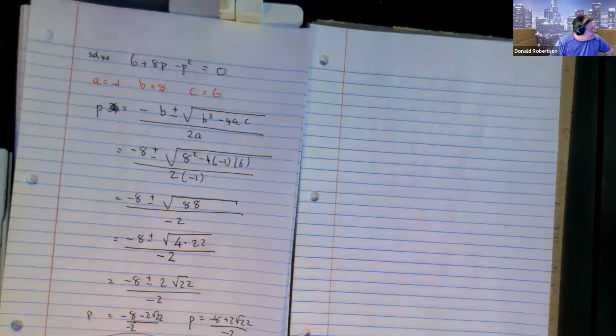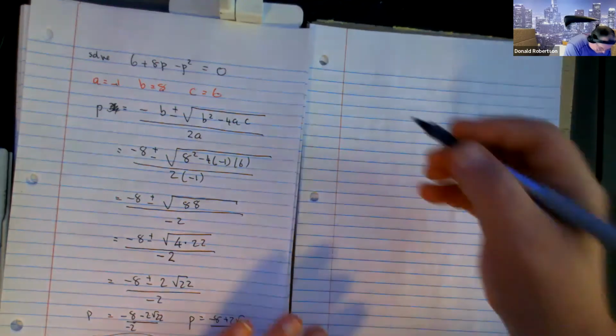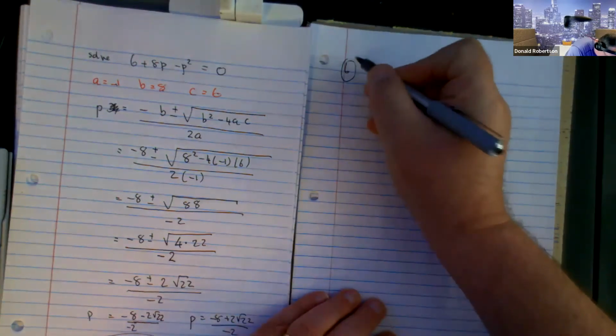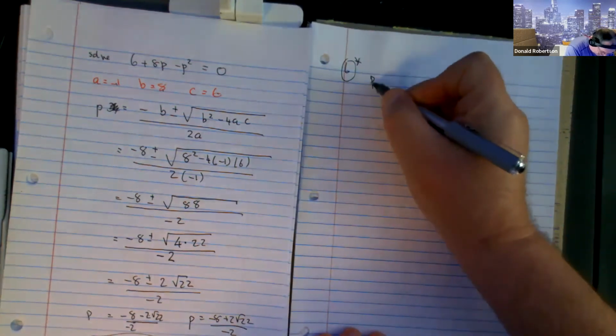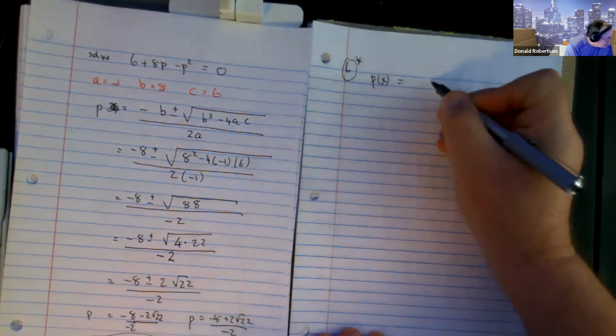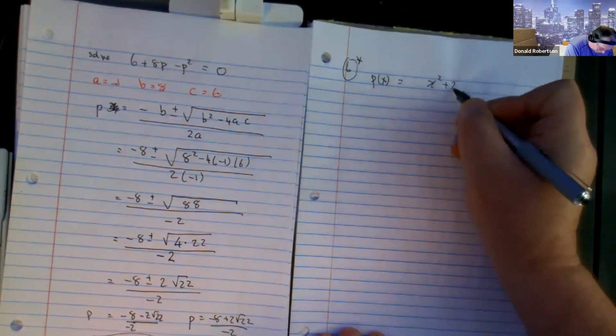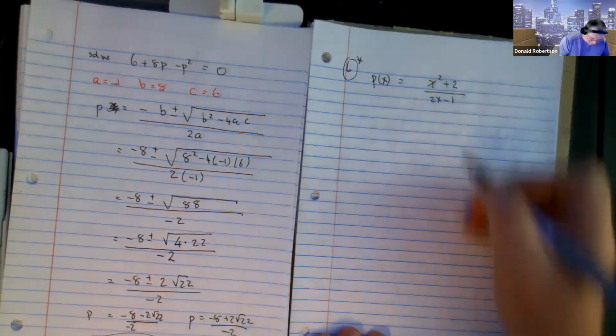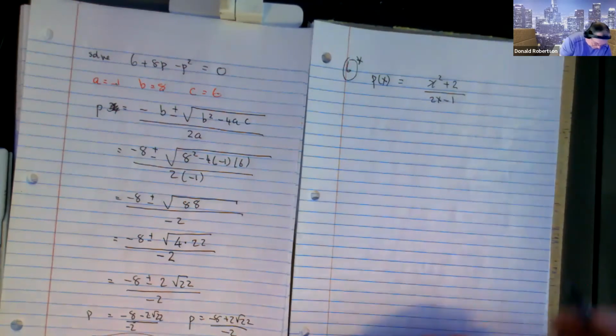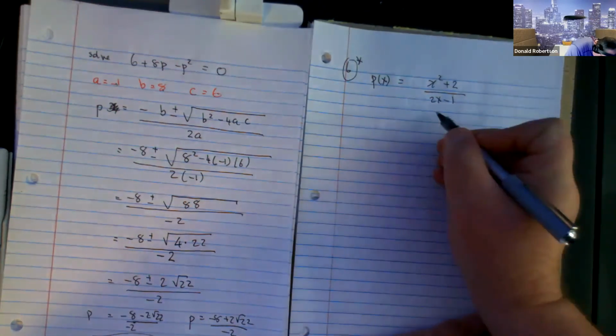So I'm going to do another one, which I already know comes out a little bit nicer, and it's got style points in it. So this is find the critical numbers for the function p of x, and it's x squared plus 2 on the top, and it's a 2x take away 1 on the bottom. So what do we have here?